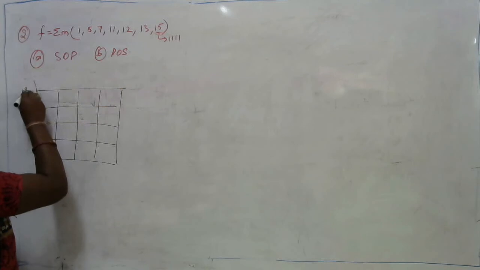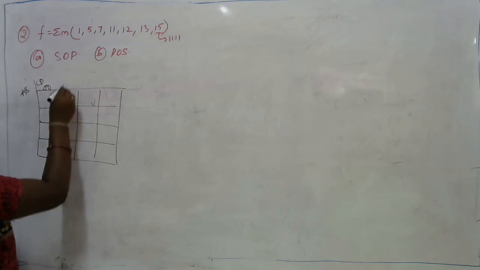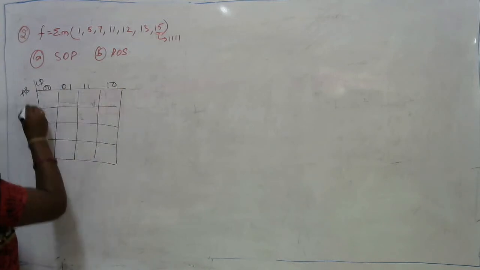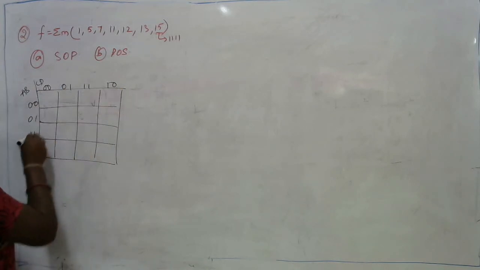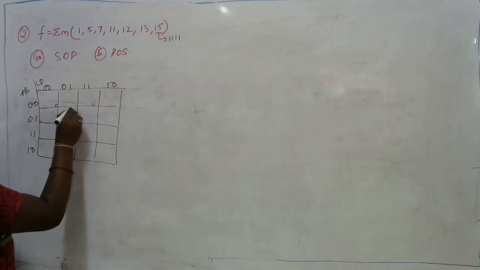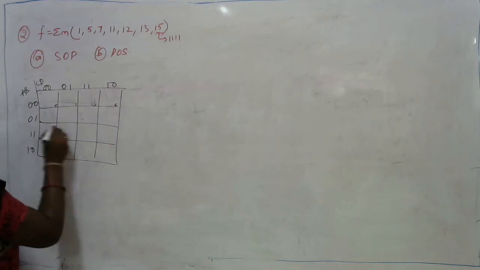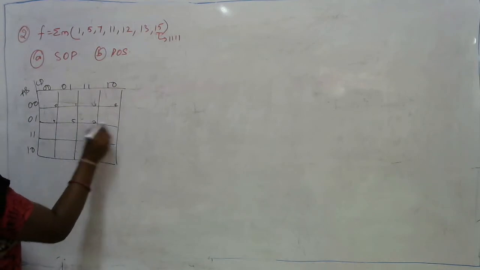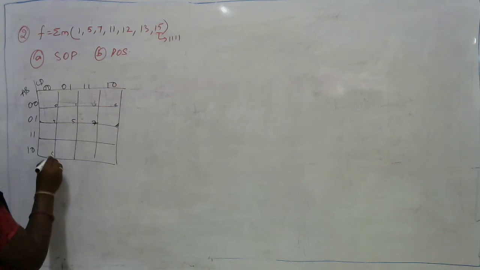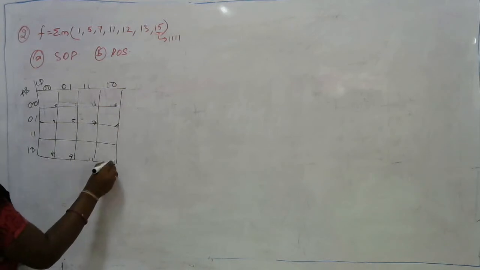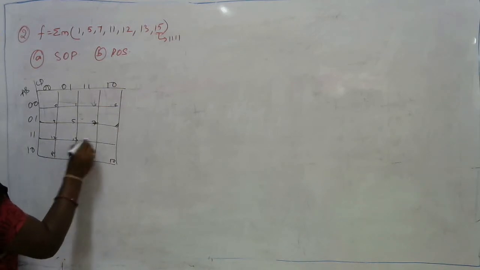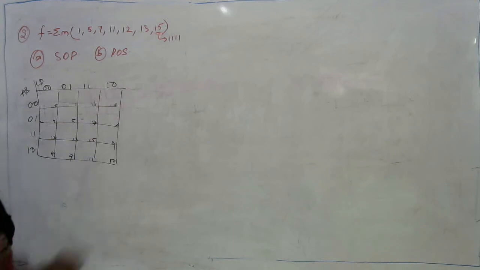The variables are A, B, C, D. This is 0, 1, 3, 2, 4, 5, 7, 6, 8, 9, 11, 10, 12, 13, 15 and 14.